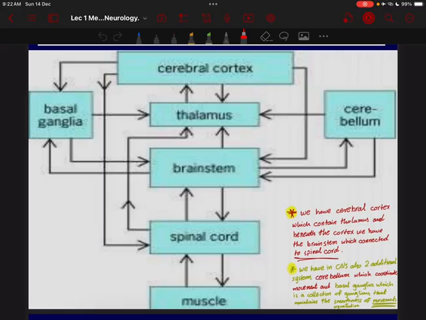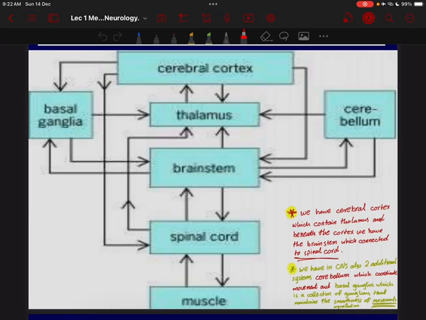So on the top, we have the cerebral cortex, and it sends orders down. For example, it sends orders through the thalamus, and at the same time, it receives signals from the thalamus. So it's on and off, okay?